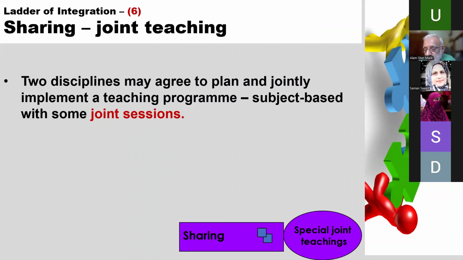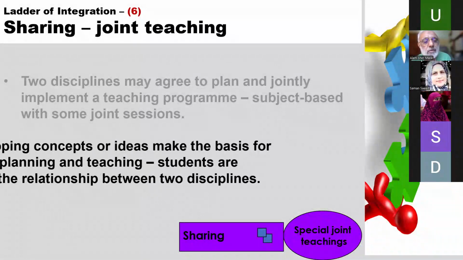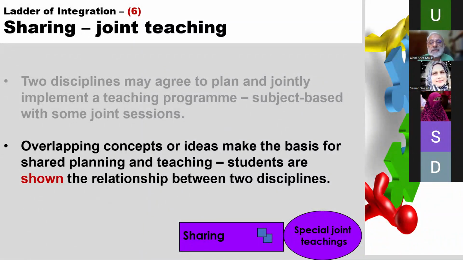So from teaching it during the same day or same week, the next step is where some joint sessions are conducted, and the overlapping concepts or areas make the basis for shared planning, and here students are shown the relationship between the two disciplines.